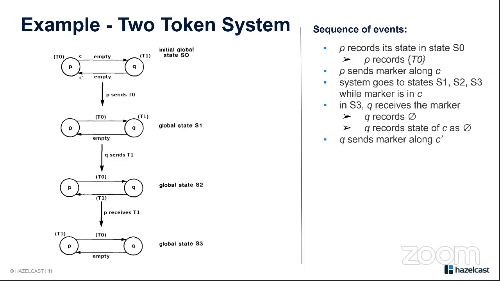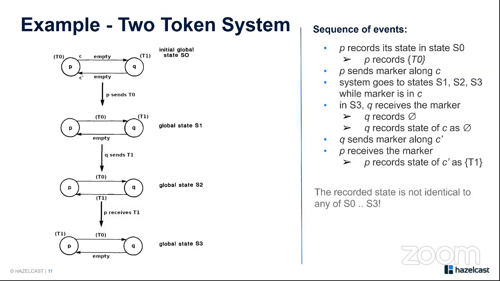And now process Q sends the marker along channel C dash, and P receives it, and it records the state of C dash as T1, because in the meantime it received T1 over the C dash channel since the time process P recorded its state.